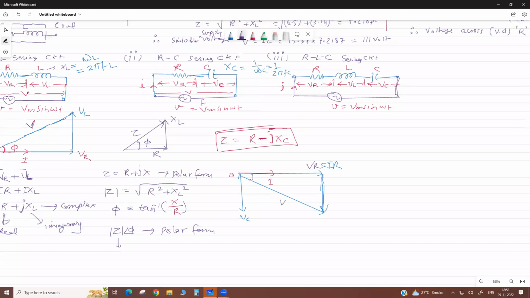This angle is the phase difference between source voltage and source current. Again, your total voltage equals voltage across R minus VC, because it is downside.